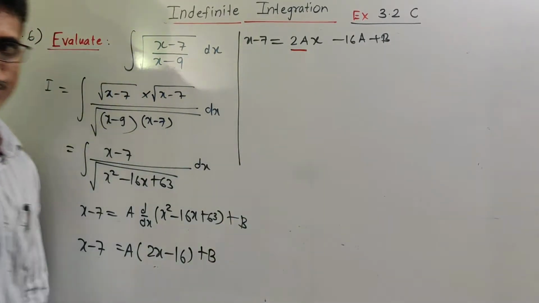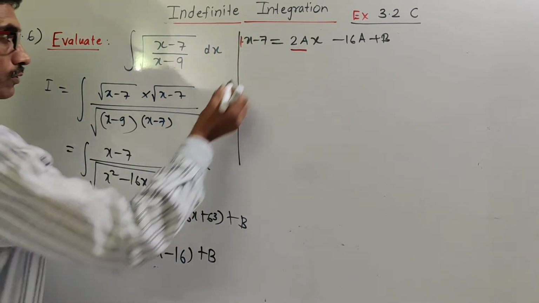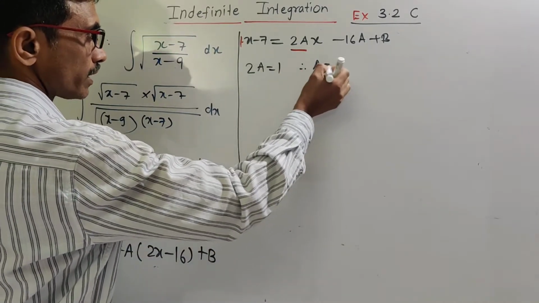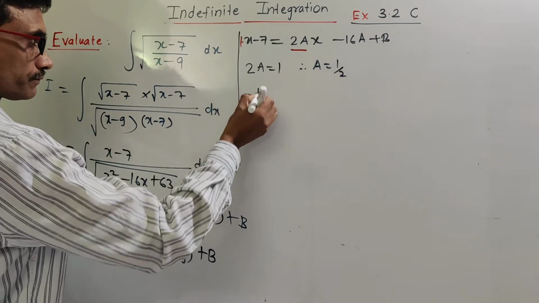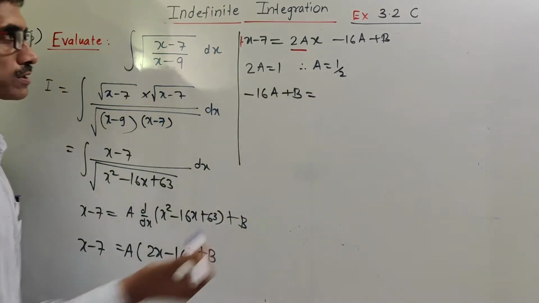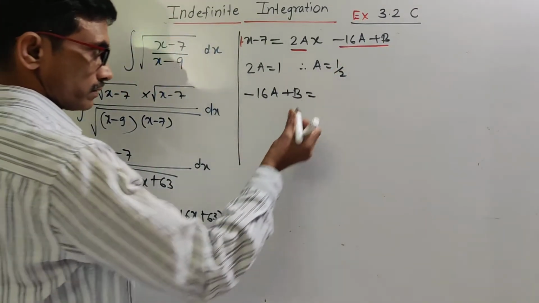Here 2a is the coefficient of x, and the coefficient of x on the left is 1. So 2a is equal to 1, which means a is 1 by 2. Minus 16a plus b is the constant, and that is equal to minus 7.